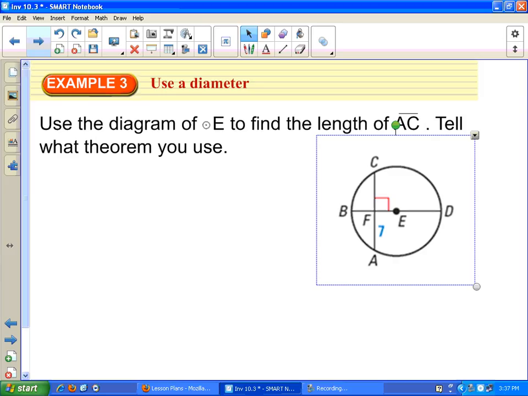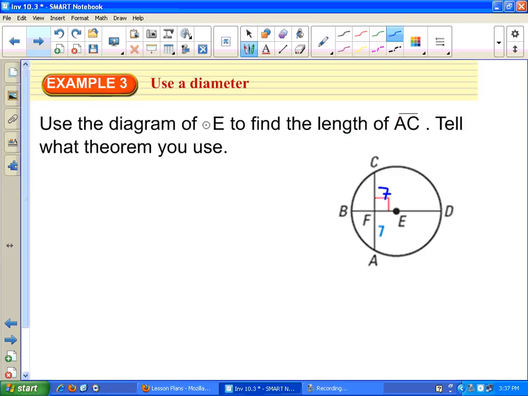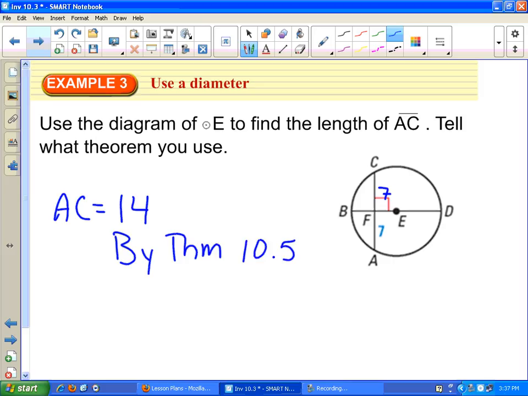And we know that BD is a perpendicular bisector. So that means that FC also has to equal 7. So AC is going to equal 14. And that's by theorem 10.5. By theorem 10.5.